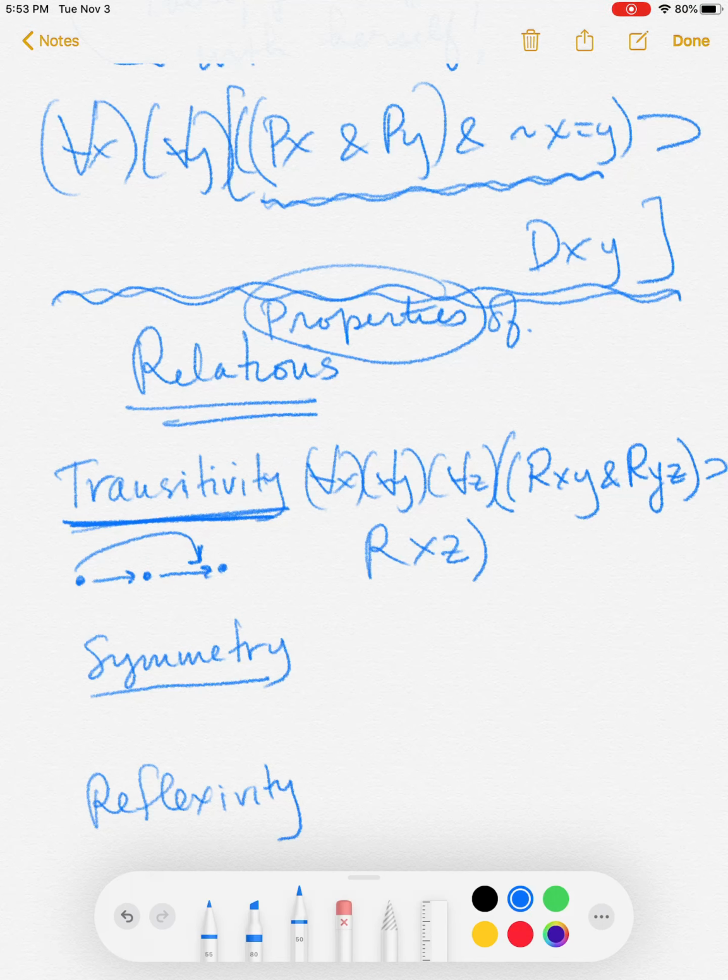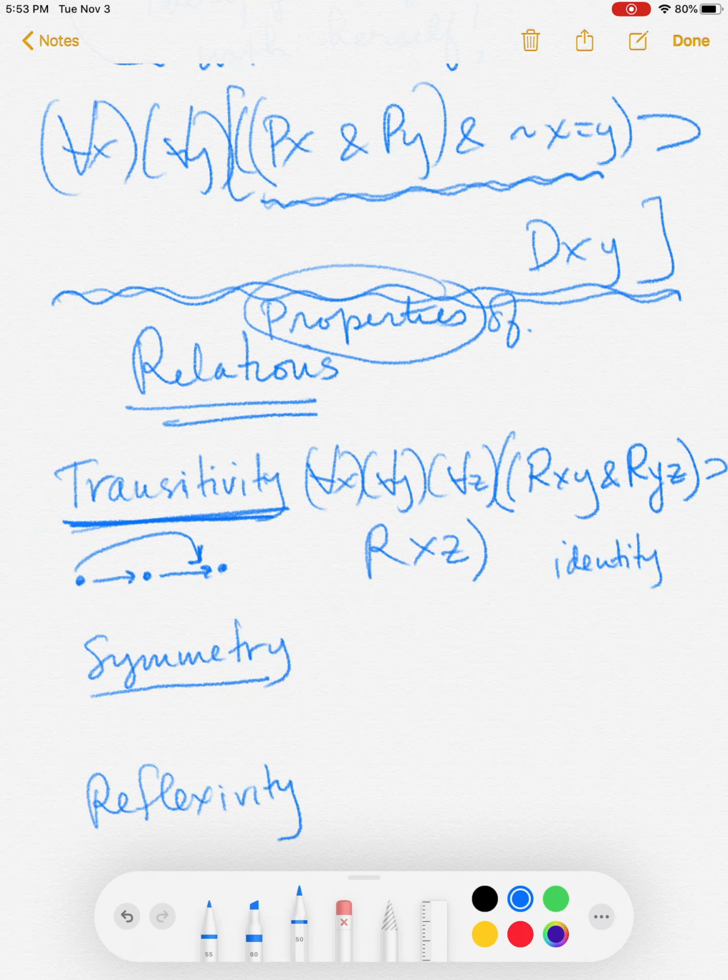So let's think about some relations in English that are transitive or not transitive. Well, identity is a transitive relation, right? If this guy is identical with this guy and this guy is identical with that guy, then this guy's got to be identical with that guy. Identity is transitive.